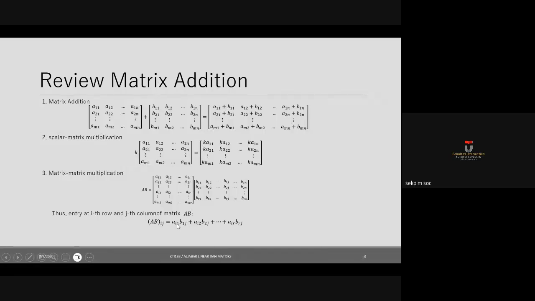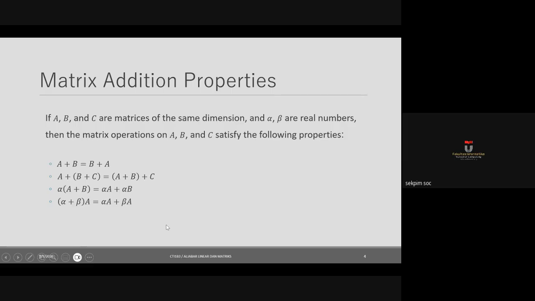Yeah, this comes from the ith row of A, multiplied element-wise with the jth column of the second matrix. Yeah, so this is the value for entry ij in matrix AB.